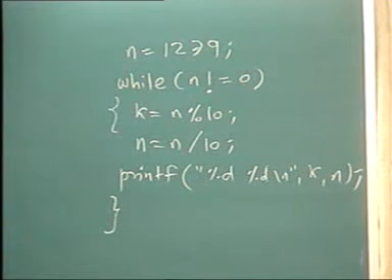So if you just read it, you will know the meaning. While n is not equal to 0, k equal to n % 10, n equal to n / 10, printf %d \n, k comma n. So can you tell me the output?